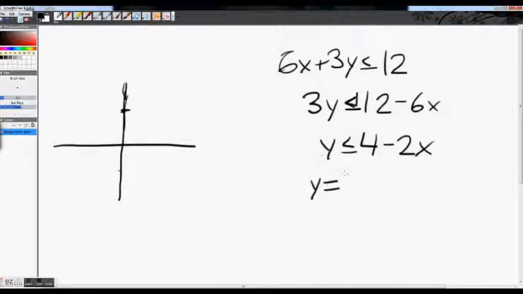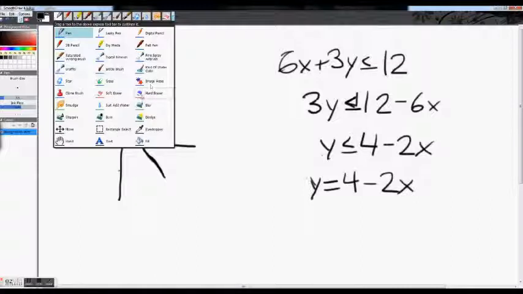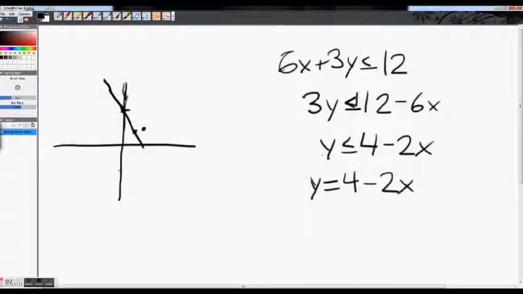So we'll graph the line y equals 4 minus 2x first. We'll draw the point 1, 2 here. This negative slope shows that the function decreases as x increases. And this is how it will look, something like this.